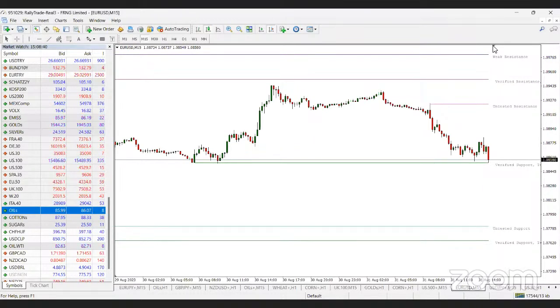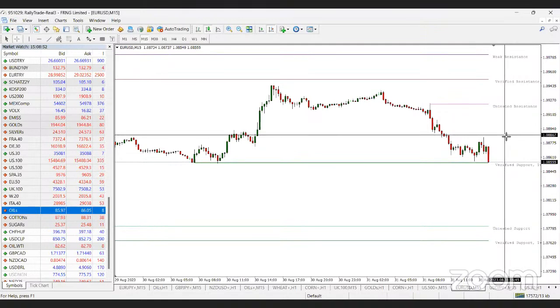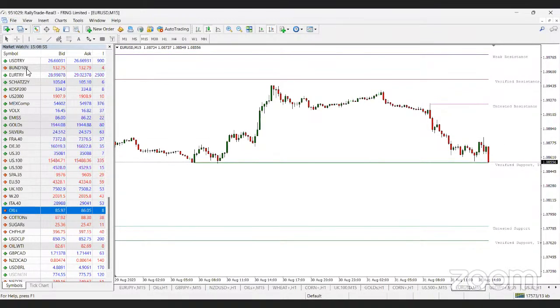But if it doesn't, if you cannot break this particular support, let it trade above 1.08890.